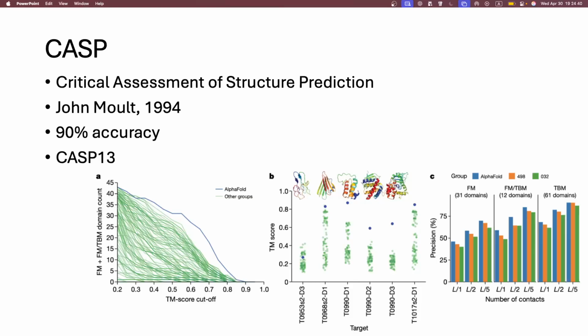What AlphaFold eventually accomplished is that in CASP 13 they blew all the teams out of water. As you can see, I think the good cutoff is like 0.7, which is pretty good, and 0.9 is like you solved it. The rest of the accuracy is negligible.